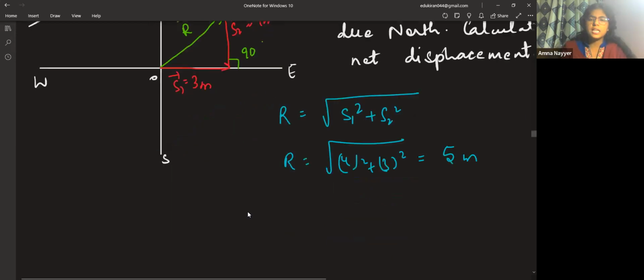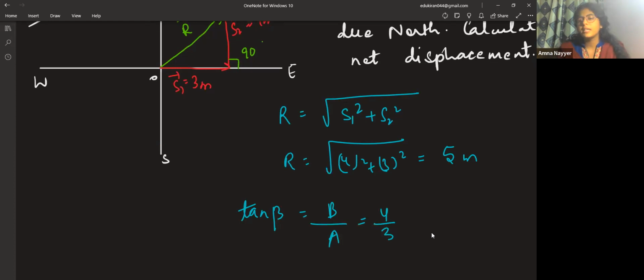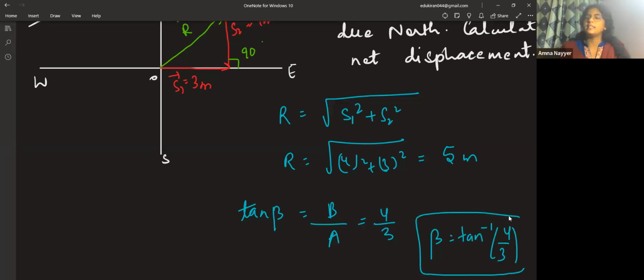Questions are very easy because you have already learned about the parallelogram law. These are just extensions of the parallelogram law. So tan beta will be b divided by a, that is 4 by 3, so beta will be tan inverse 4 by 3. That's it. Okay, quickly note it down.